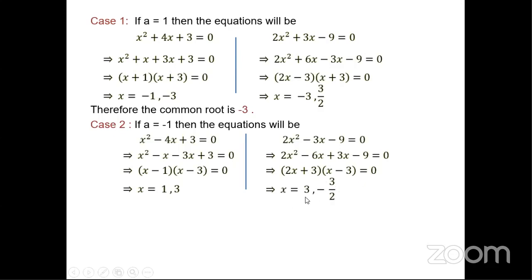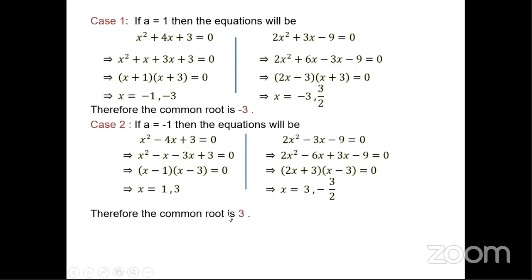So x is equal to 3 and minus 3 by 2. Now here again, if you observe carefully the values of x in both the equations, you can find a common root, isn't it? The common root is 3.